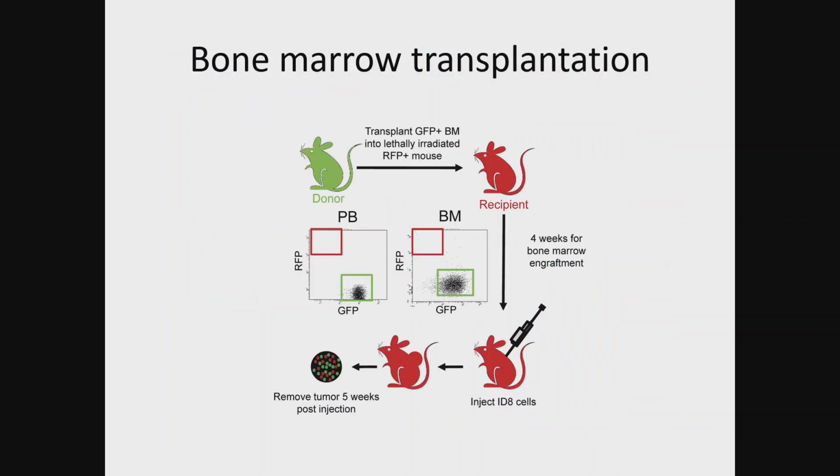And one of the things that this understanding gave us is the capacity to do bone marrow transplantation. In the first experiment in mice, they took a donor mouse that was expressing GFP, so we can identify the cells that are produced because they are labeled with GFP. Then the recipient was irradiated and all the bone marrow cells were killed.